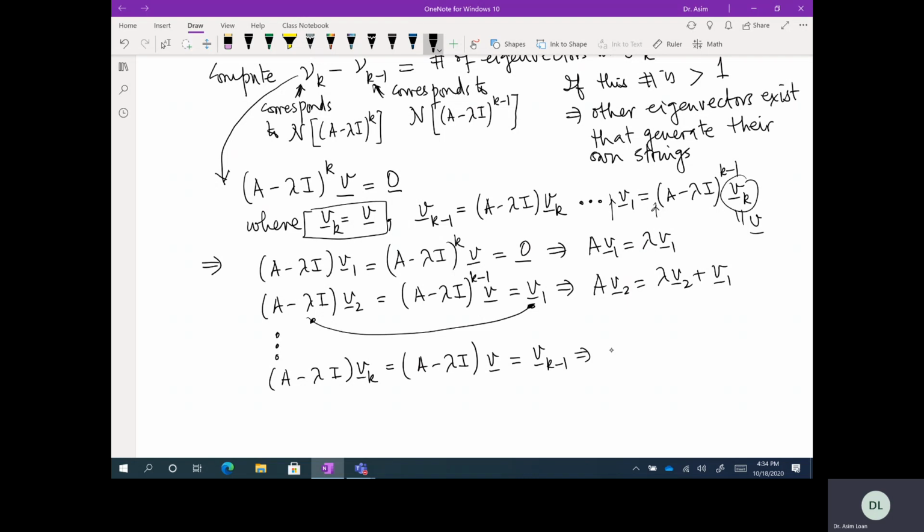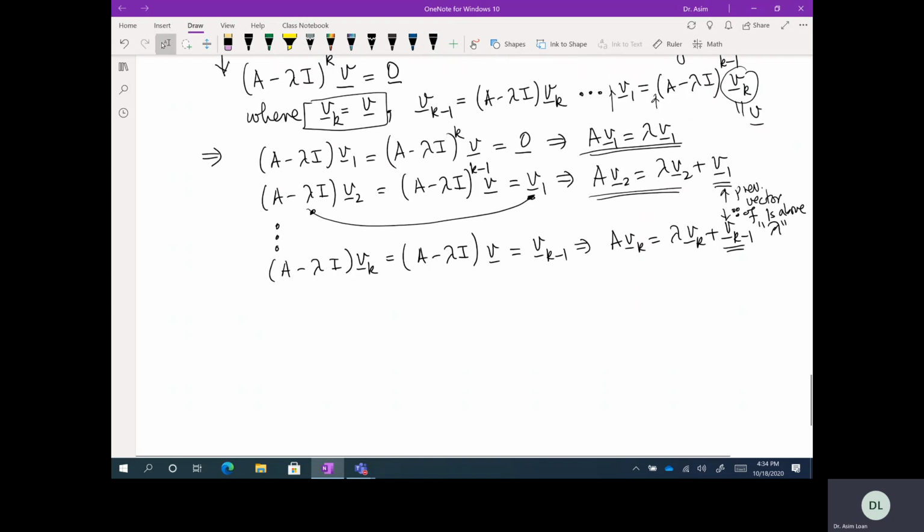So this implies A vk equals lambda vk plus vk minus 1. So in all cases, either we have the eigenvalue equation or we have the eigenvalue equation plus the previous one. So this is the previous vector because of the ones above the main diagonal. Previous vector because of the ones above lambda, right? And this is again the previous one because of the ones above the main diagonal.